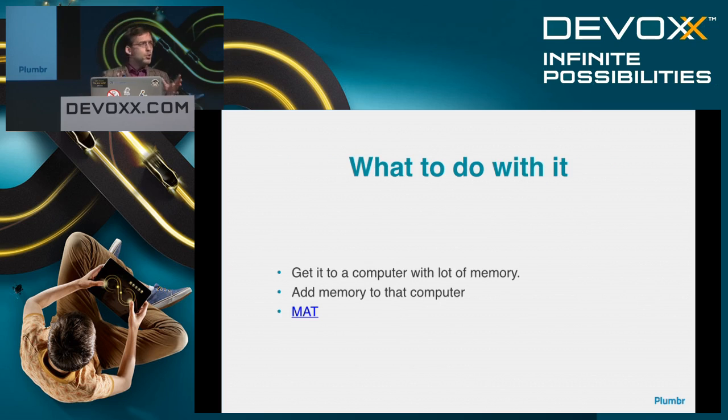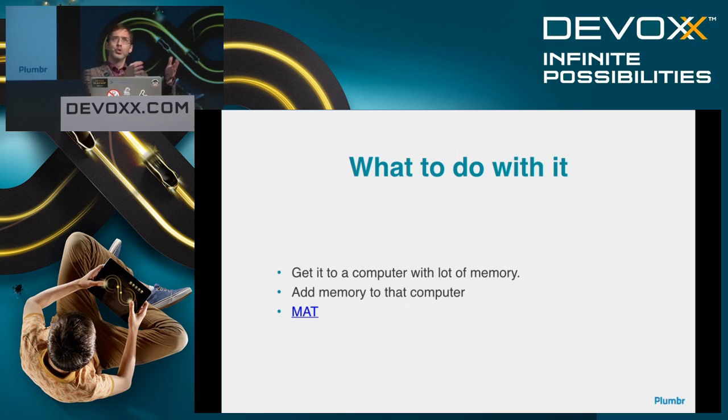Okay, you get that huge file, because the size of that memory dump is more or less equivalent to the size of your heap. So if you have a heap of 60 gigabytes, you will have a memory dump of around 60 gigabytes.